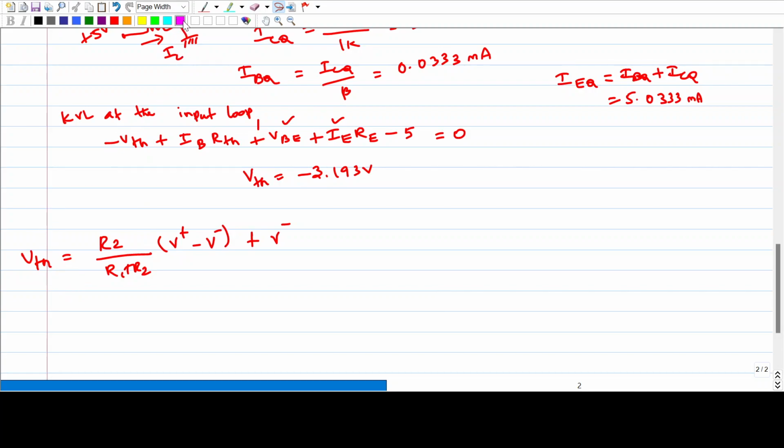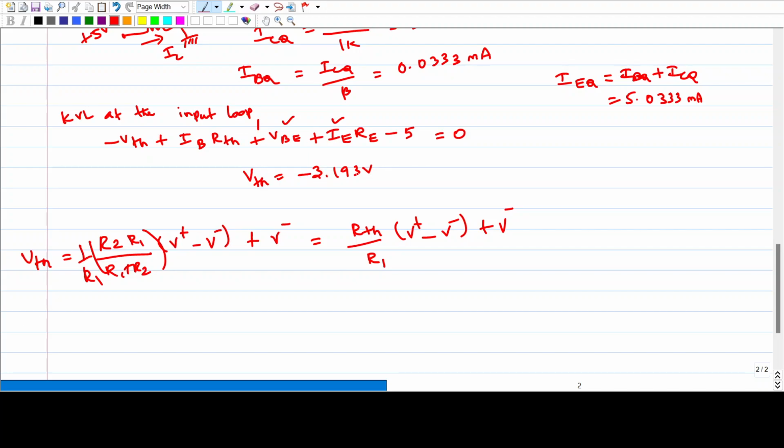We derived the VTH equation. In this equation, I am going to multiply and divide by R1 to make the calculation simple. So multiply and divide by R1, which gives R1 R2 divided by R1 plus R2, which is nothing but RTH. So RTH divided by R1 times V plus minus V minus, plus V minus, that is VTH.